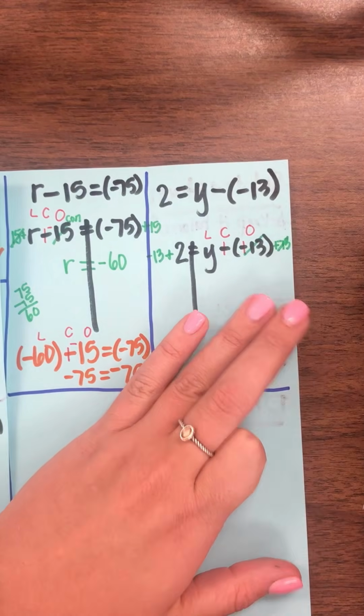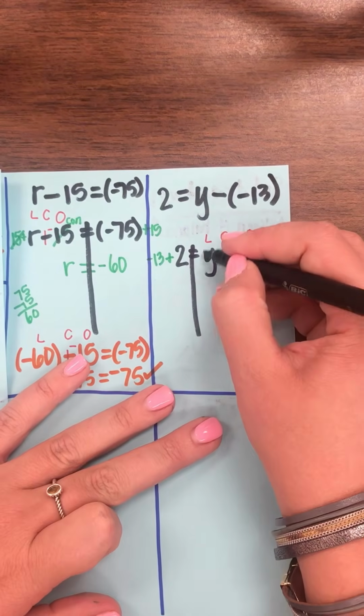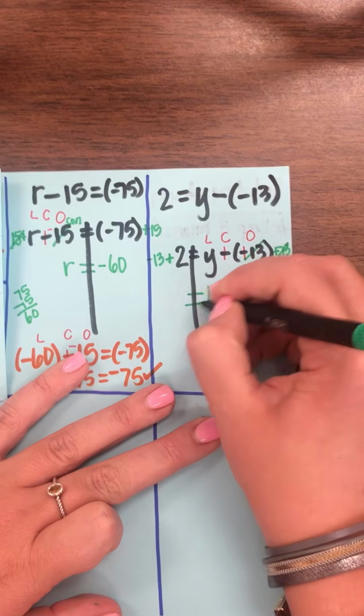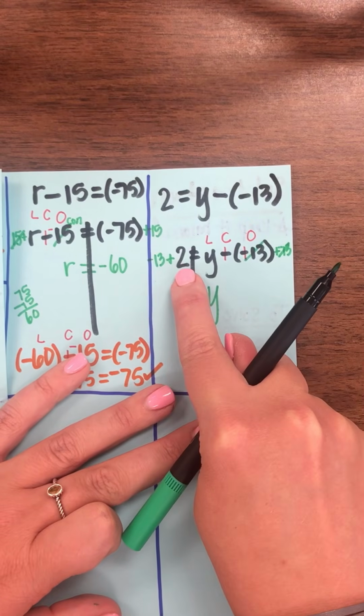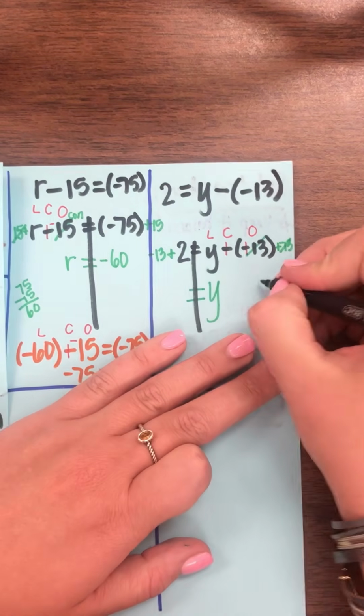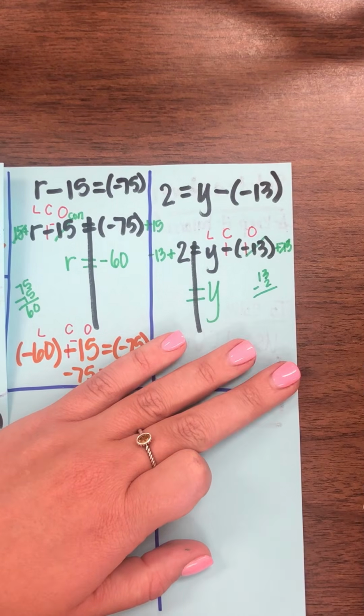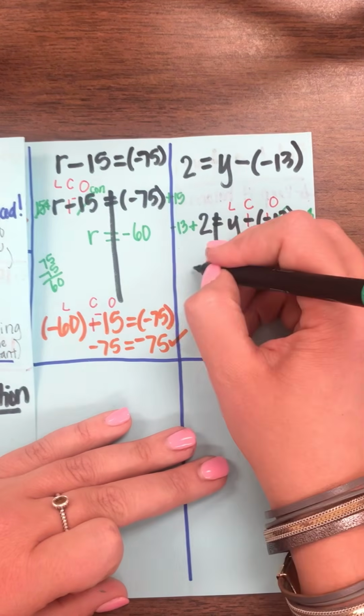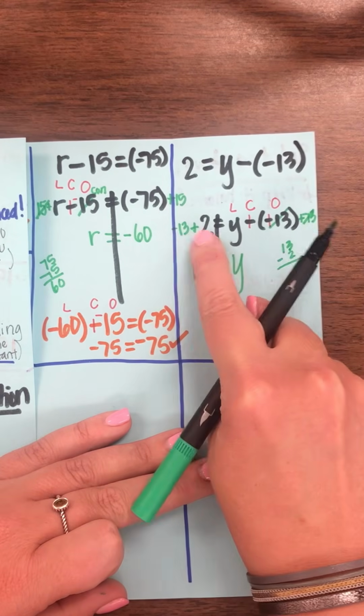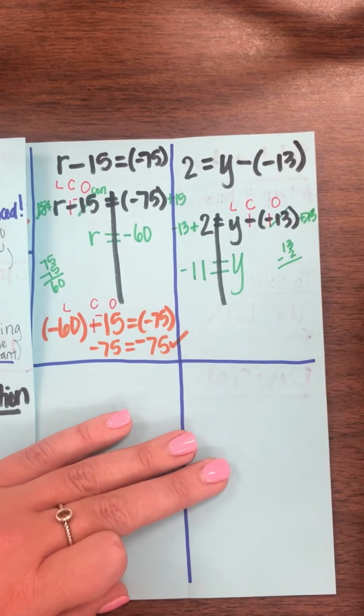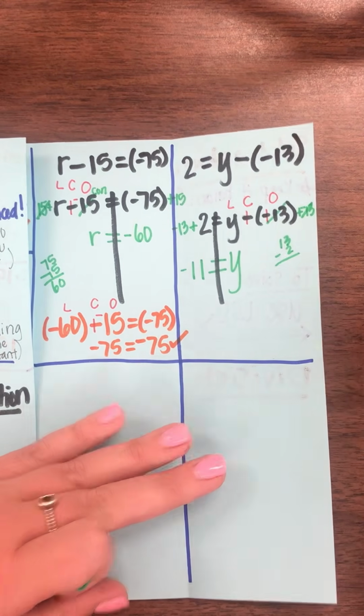Well, they cancel, which is what we want. So we're left with y on this side. Negative 13 and positive 2, they battle because they're not on the same team. And we get 11, and which team won? It was the negative team, okay?